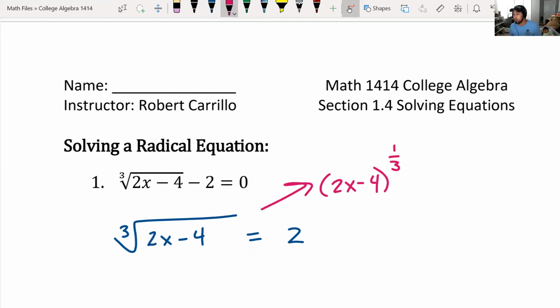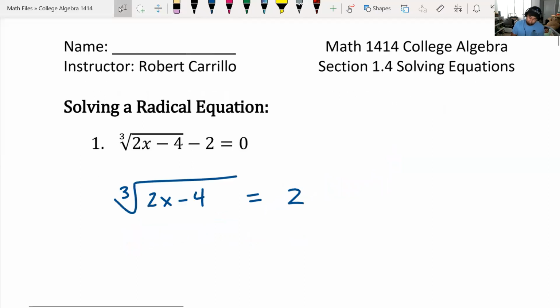This is by exponential properties and radical properties. So in order to get rid of the root, you need to raise everything by the reciprocal of that given power. So if it's a cube root, to get rid of the radical, we must raise everything to the third. And that's what we're going to do.